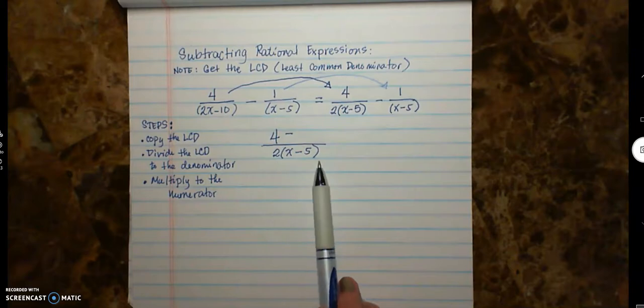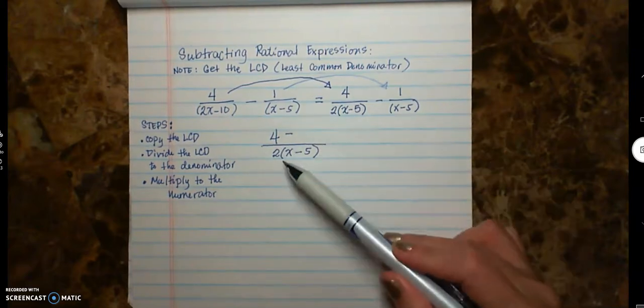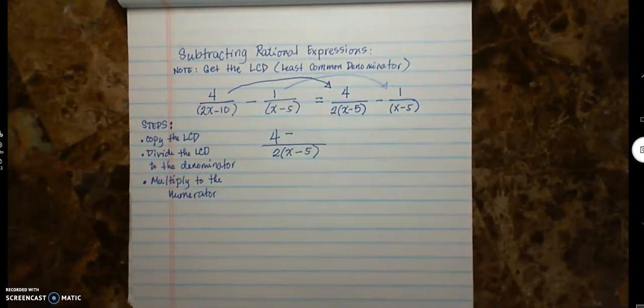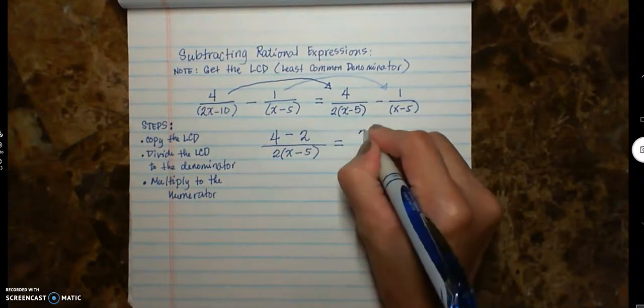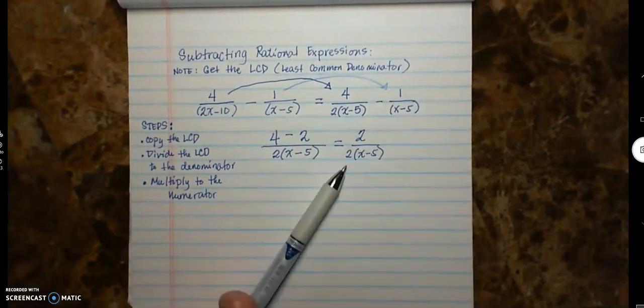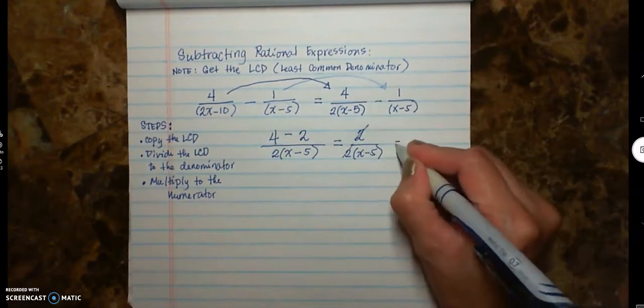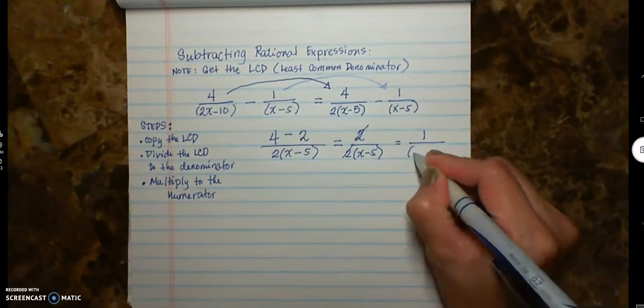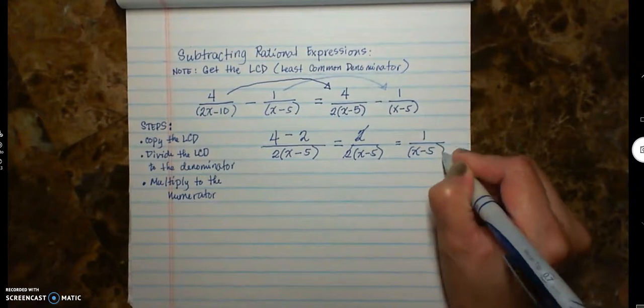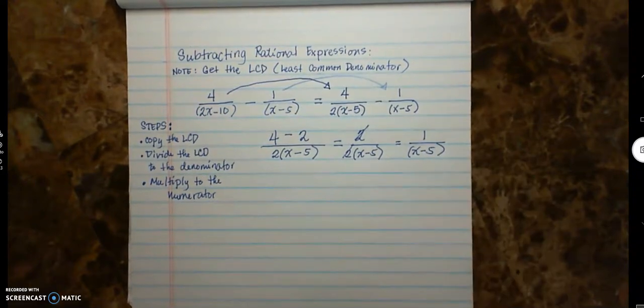So this divided by this one will give you a 2, times 1 is 2. So simplify, copy this down, and 2 divided by 2 will now cancel out. So now you're left with 1 over x minus 5, which is your answer in letter A.